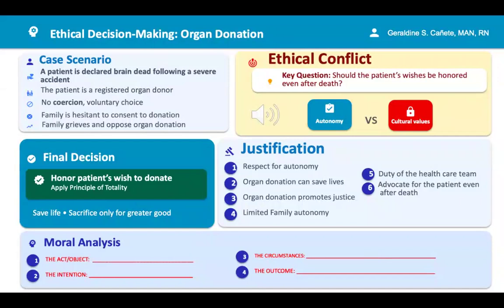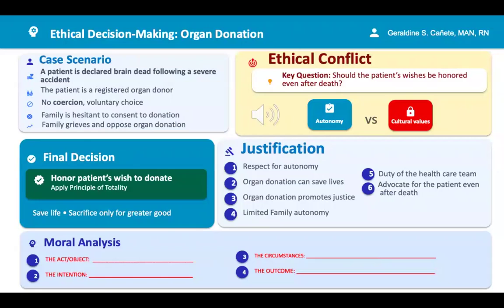The patient's decision to become an organ donor was an exercise of their autonomy. It's a fundamental ethical principle. Organ donation can save the lives of others, fulfilling the principle of beneficence. Organ donation promotes justice by ensuring that those in need of transplants have a chance to receive them.